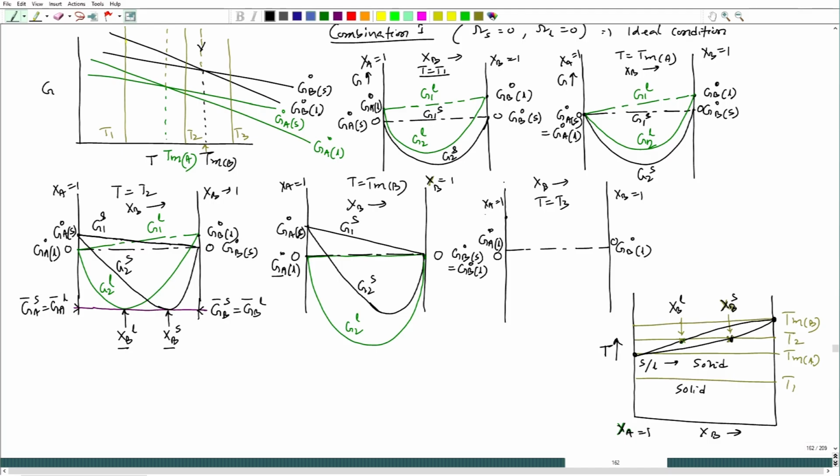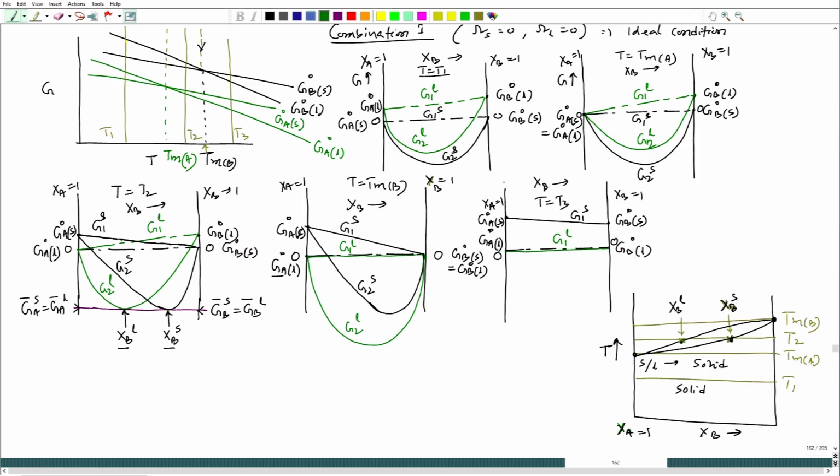And G A naught solid would be positioned here, and then G B naught solid will be positioned here. So, now this will be G1 of solid, this would be G1 of liquid, we missed this point here, G1 of liquid here.